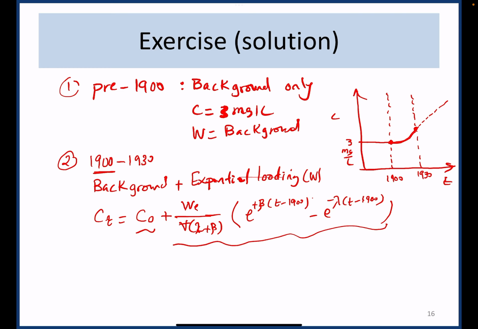Let's look at the next interval, which is 1930 plus. You could apply it to 2025. So in 1930, you have background, you have exponential, you have linear.